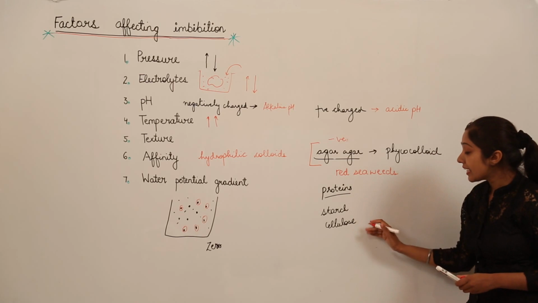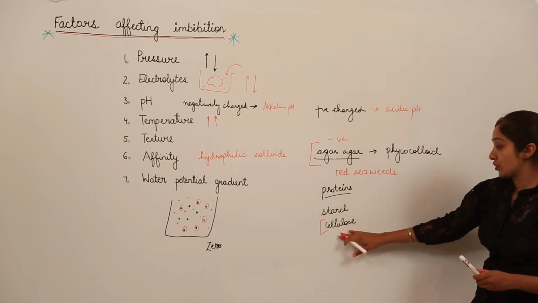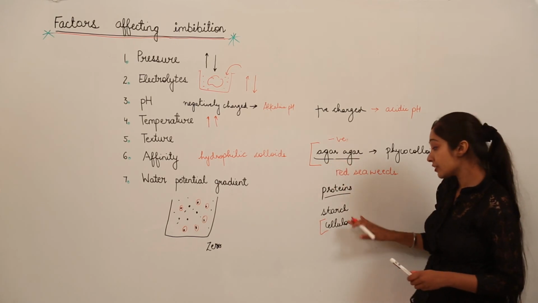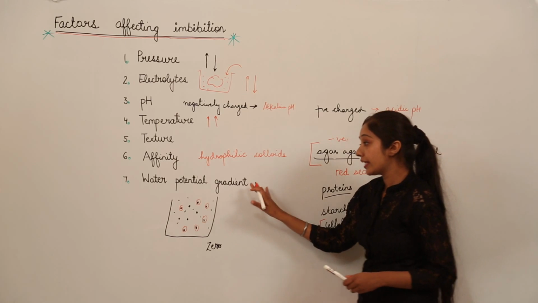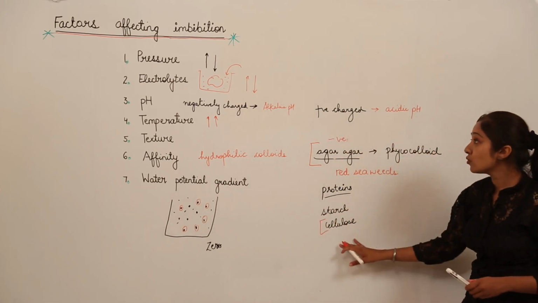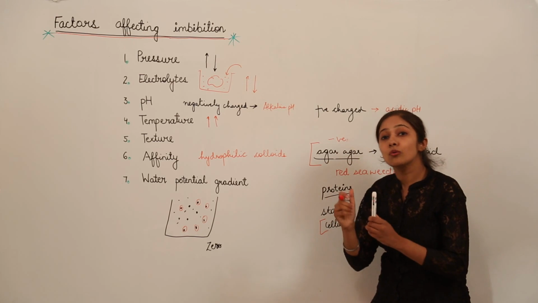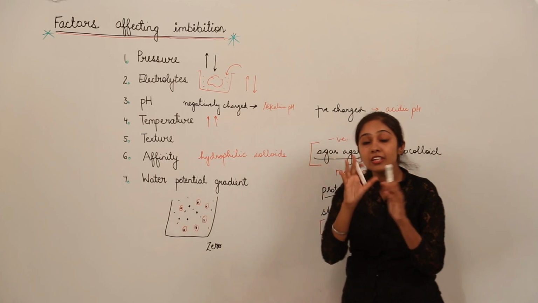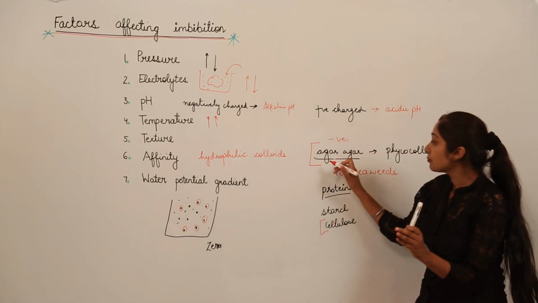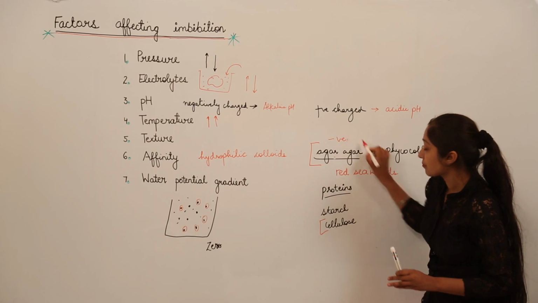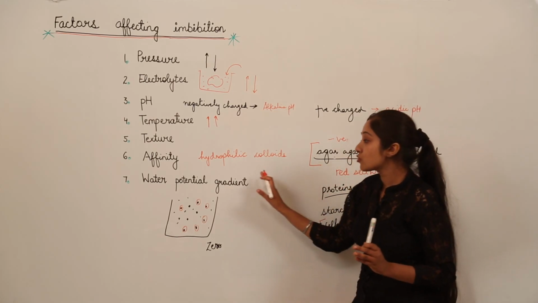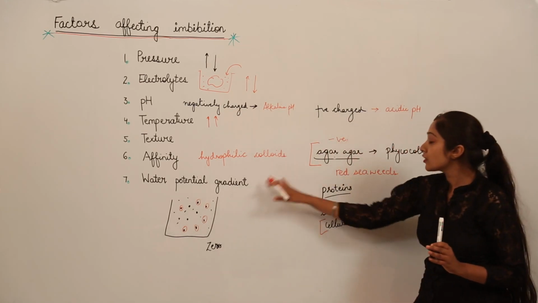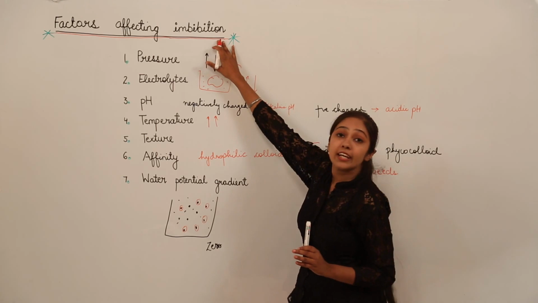Okay, but in case of cellulose, it is not that much negative as compared to agar-agar. So it is not going to form that steep potential gradient, right? So this is going to lead to the imbibition process at a slower rate. Okay, so if the water potential gradient is steep, it means the difference is quite high. If the difference between the imbibate and imbibant in terms of water potential is quite large, this is going to lead to a faster rate of imbibition.